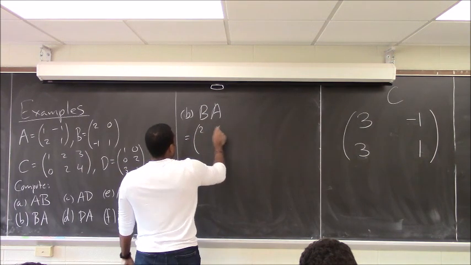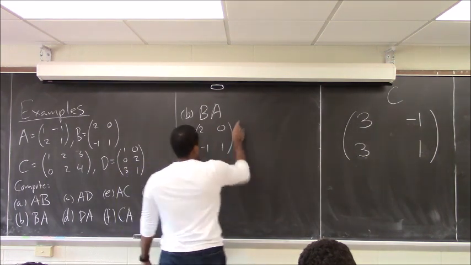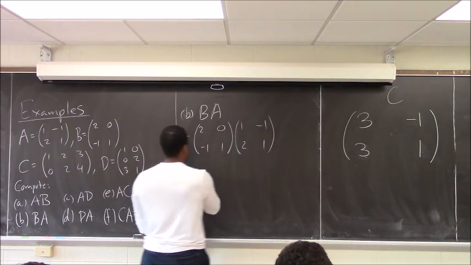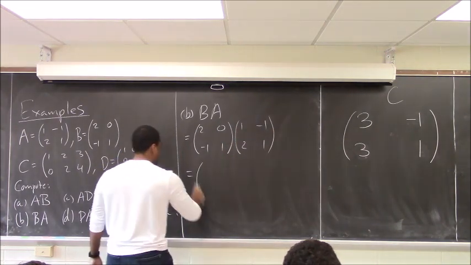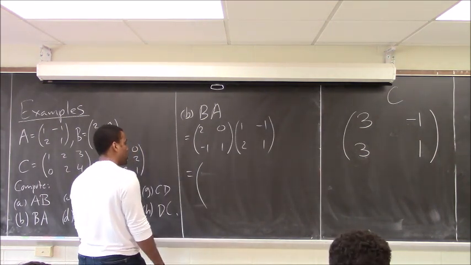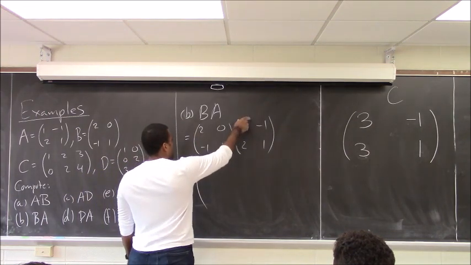So this means I do 2, 0, minus 1, 1 times 1 minus 1, 2, 1. Now here, again, we're going to do the same thing. For the 1, 1 position, I need the first row of A, first column of B. First row, first column.